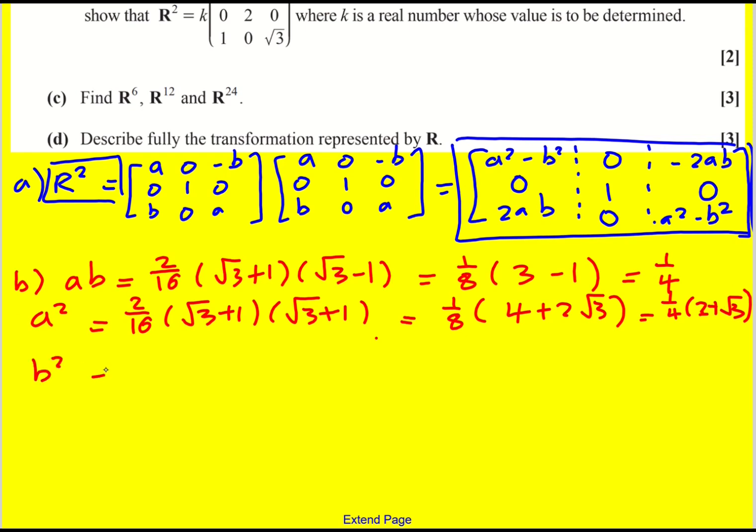And then b squared, I think it's the same, but just changing it to root 3 minus 1. Gives me 1 over 8, then it will be 4 minus 2 root 3.